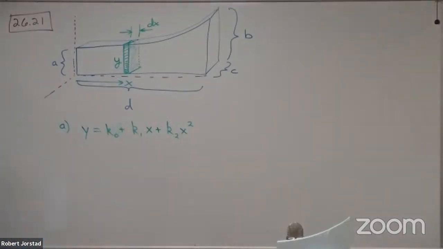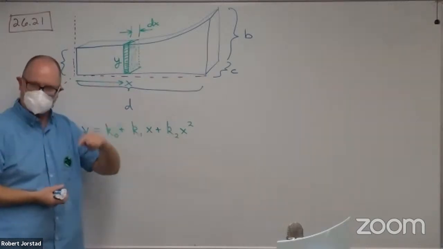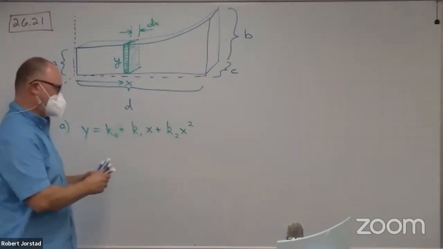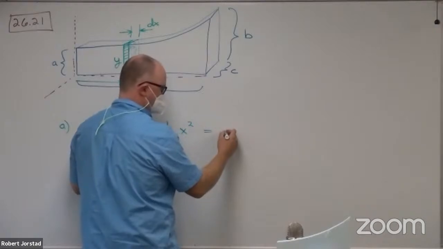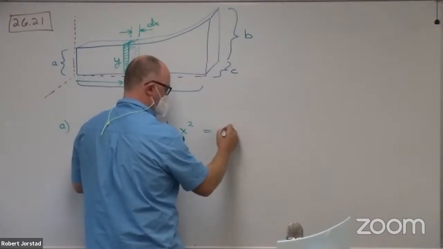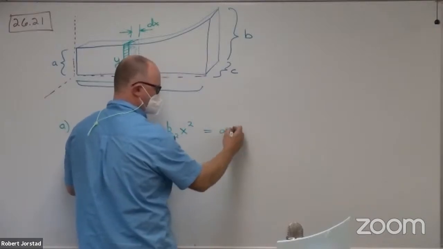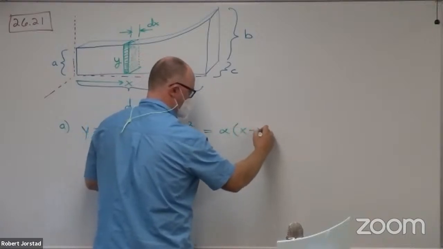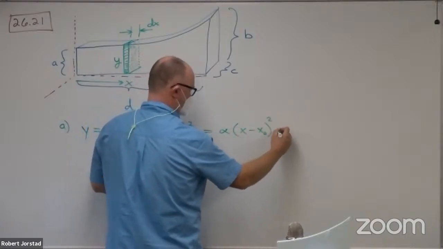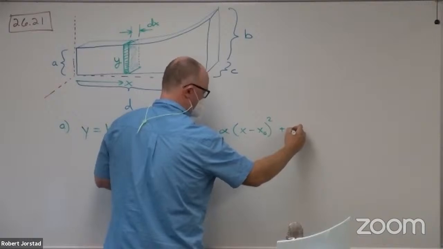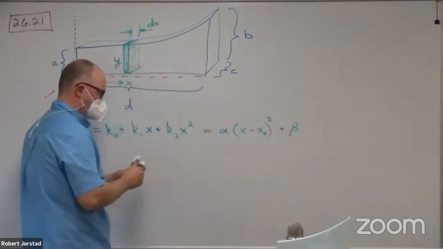The idea is we write down the general equation for a parabola now. So instead of y equals slope x plus intercept, we write down, here's a general form of a parabola. Someone else might say, no, I disagree. I would call it some constant times x minus x naught quantity squared plus some other constant beta.